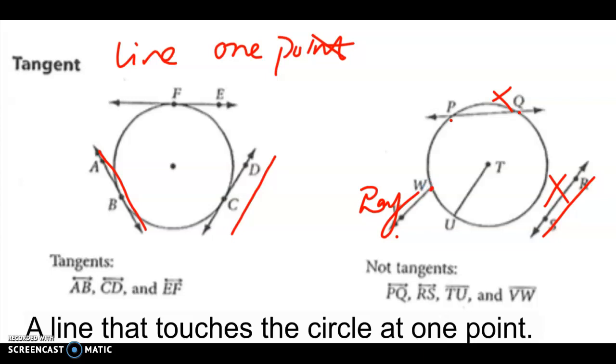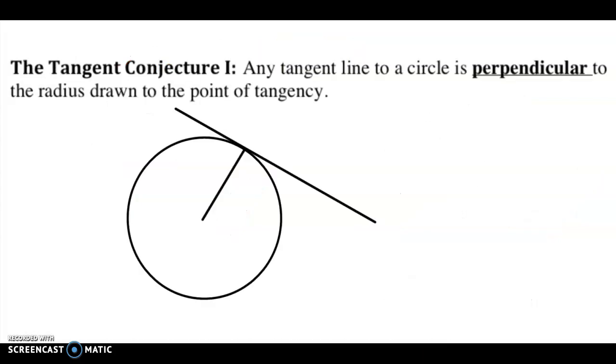So now let's see some questions about the tangent. Right here, this is a tangent. Any tangent line to a circle is perpendicular to the radius drawn to the point of tangency. So for this one, we have circle O. We call this point A, and we can have another point somewhere on the line, which is B. So OA is a radius perpendicular to the line AB.